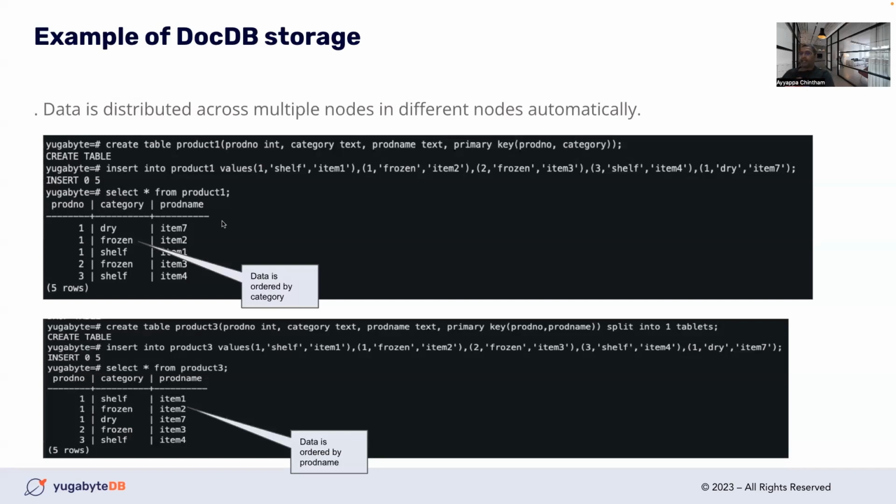And for the same data in the product 3 table below, you can see that now the data is ordered by the product name, which we have changed in the primary key.